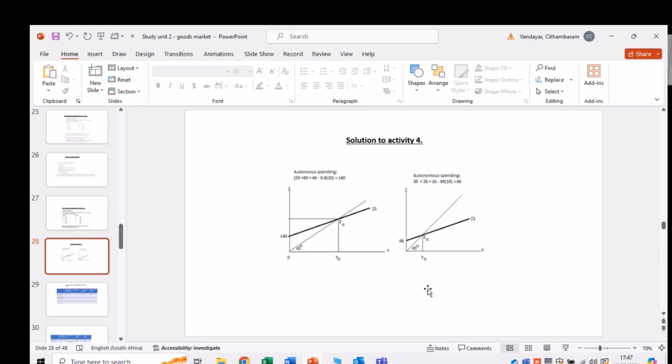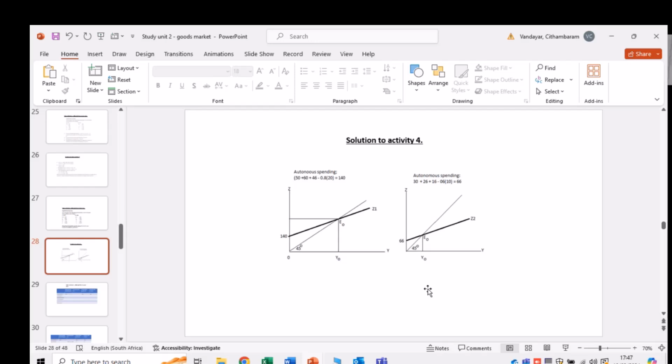Your equilibrium output is Y0, and your autonomous spending is 140. On the vertical axis, you measure your autonomous variables: consumption, investment, government spending, and exports. On the horizontal axis, you measure your level of income and output Y.